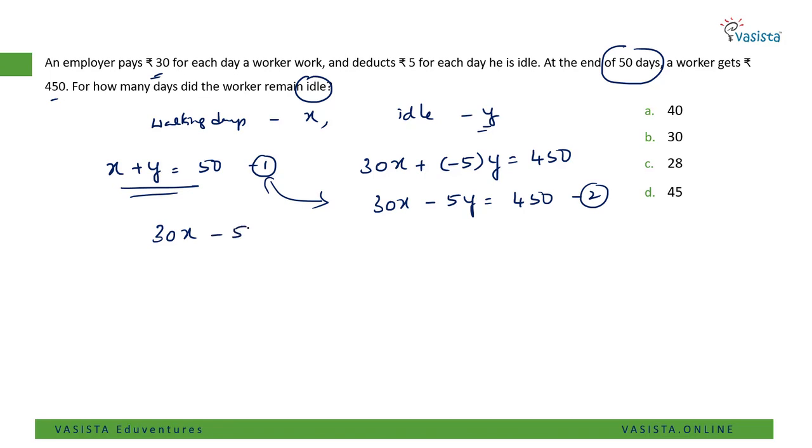So let us go with this. 30X minus 5Y is equal to 450, and X plus Y is equal to 50.